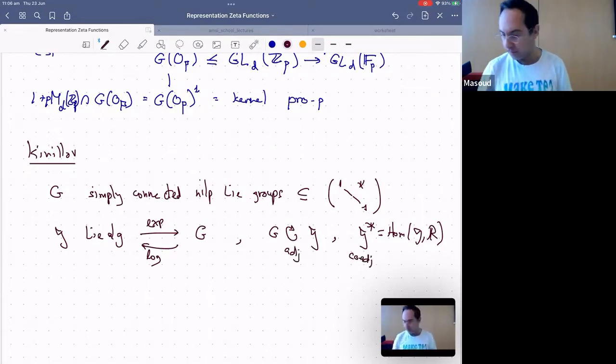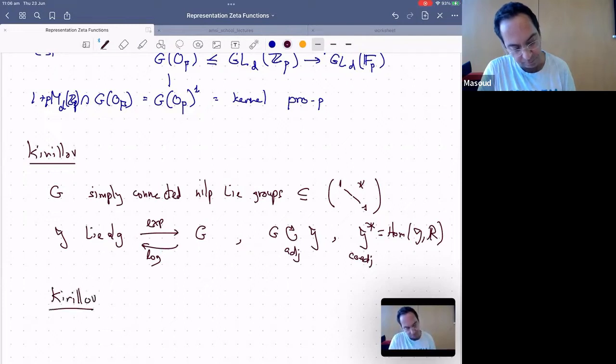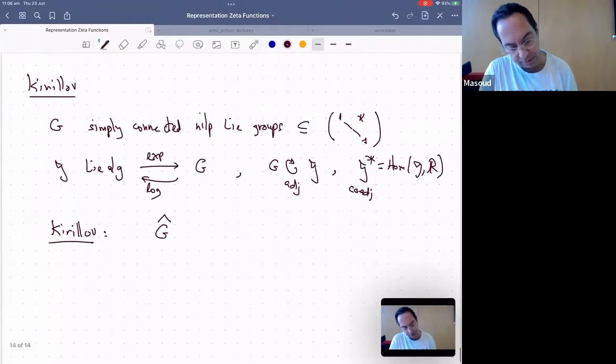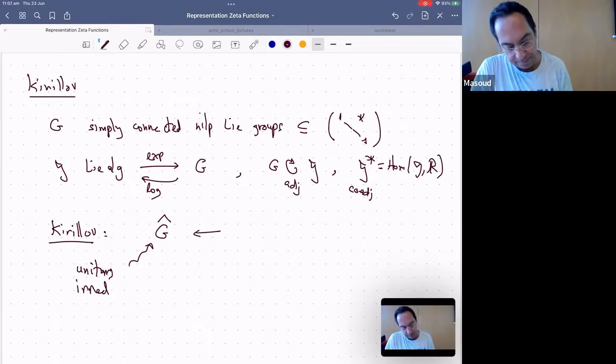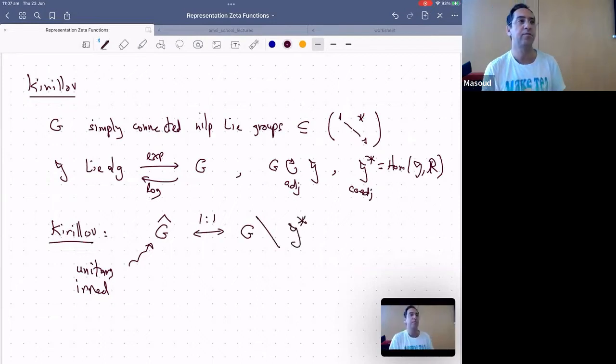And what Kirillov proves is that there is a bijection between the unitary irreducible representations of G, so these are unitary irreducibles, and orbits of G on the dual of the Lie algebra, between irreducible representations and co-adjoint orbits.